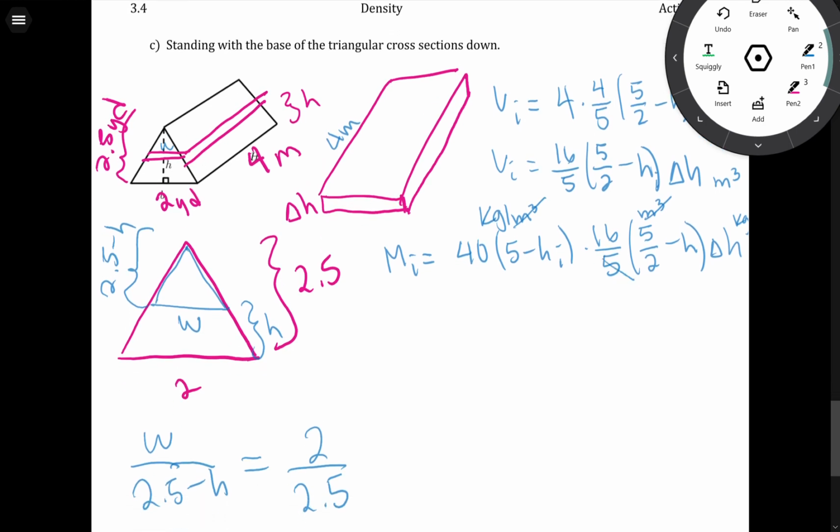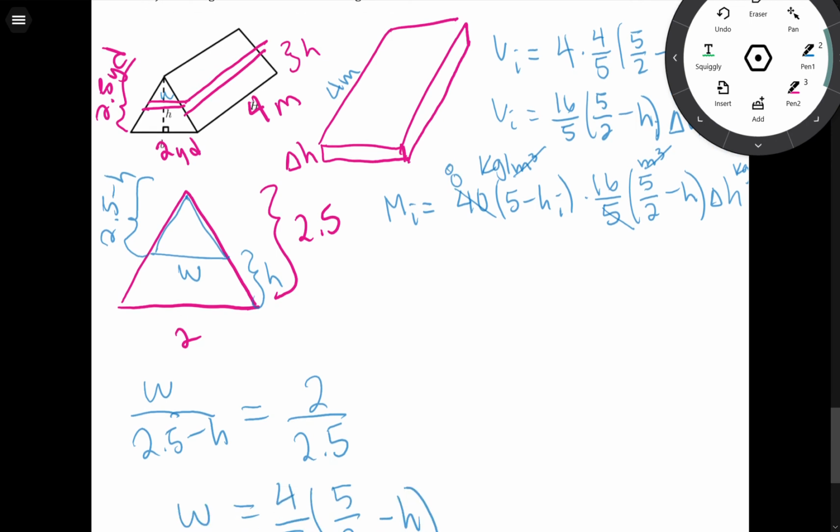This is the exact same thing we got before. 8 times 16, 64, yep, I think it is 128. And then we have a 5 minus h sub i and a 5/2 minus h sub i delta h.